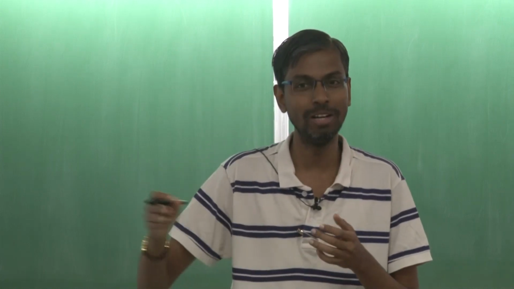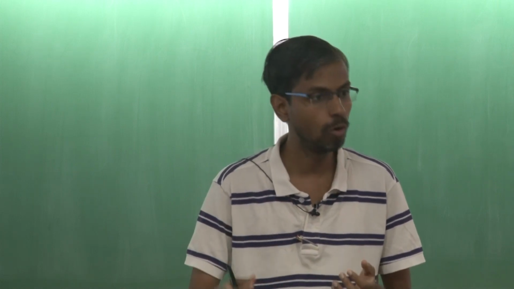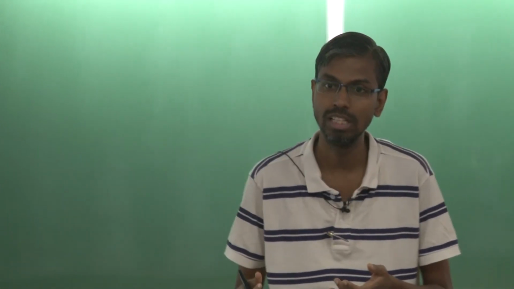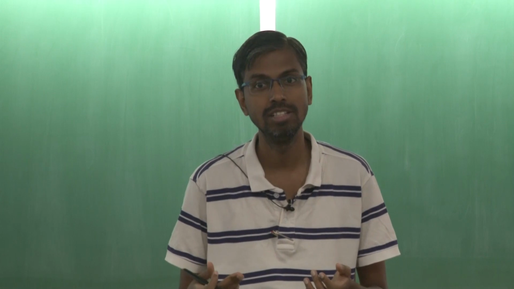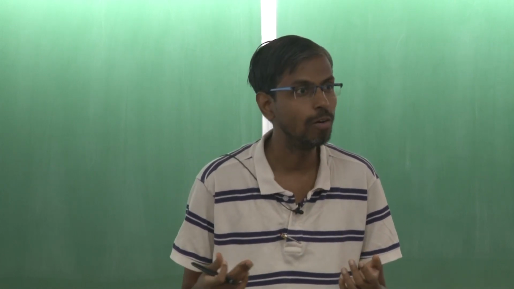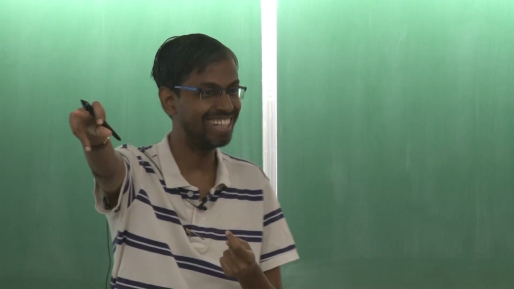Okay, 1.414. So if I take a sequence 1, 1.4, 1.41, 1.414 and then continue like that, it is a sequence of rational numbers. Does it converge? Yes or no? That's exactly the question.